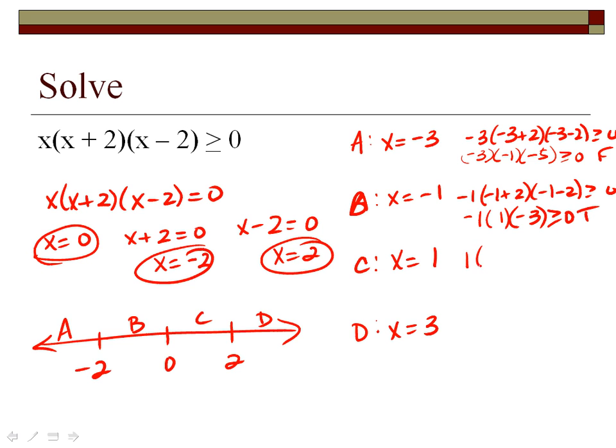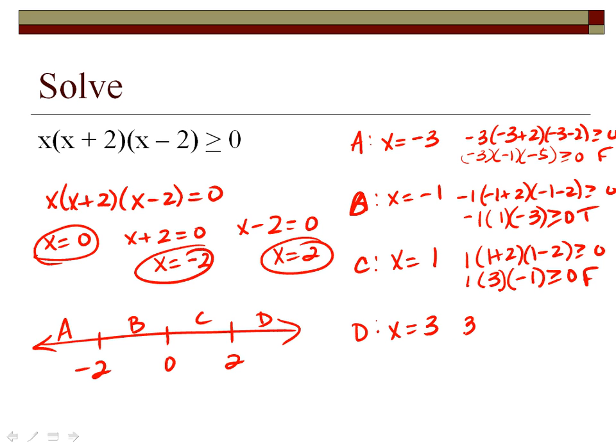We plug in positive 1, we would have 1 times 3 times negative 1. But if we multiply those three numbers together, we get negative 3, which is not greater than or equal to 0, so that is false.